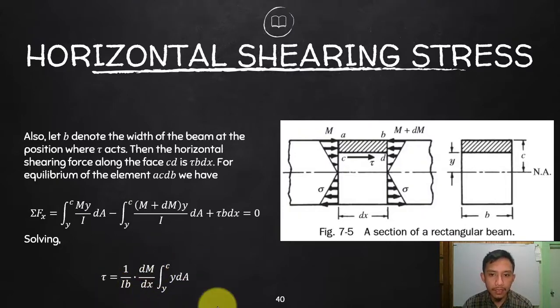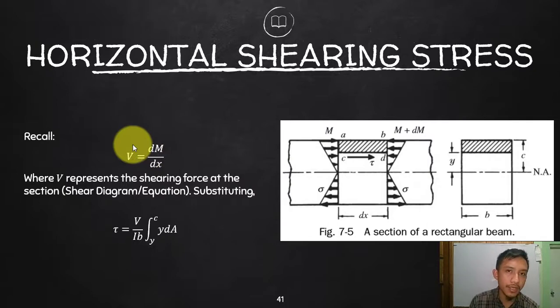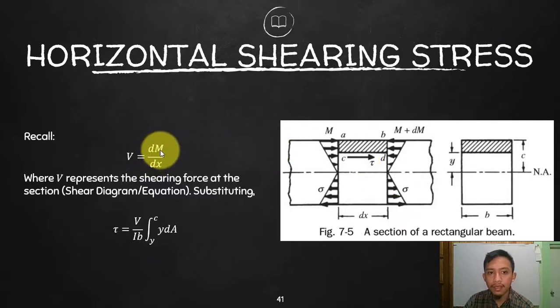Now if you recall our relationship of load, shear, and moment in module 4, according to our derivation there, the differential of moment with respect to x, the first derivative of that, is actually the slope, which corresponds to the intensity of the shear.